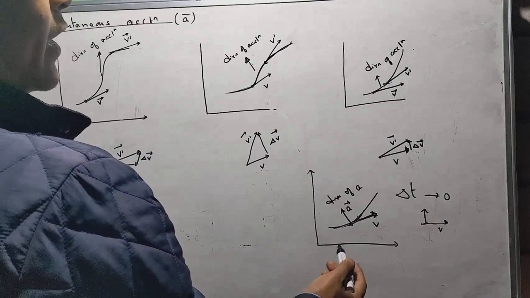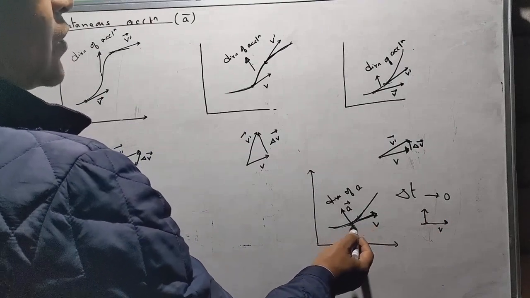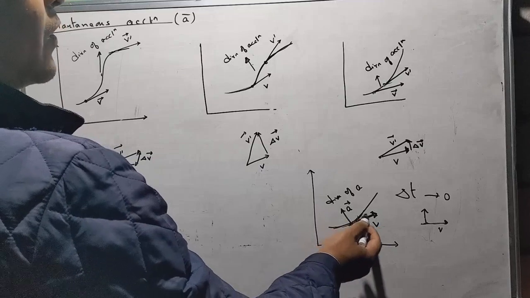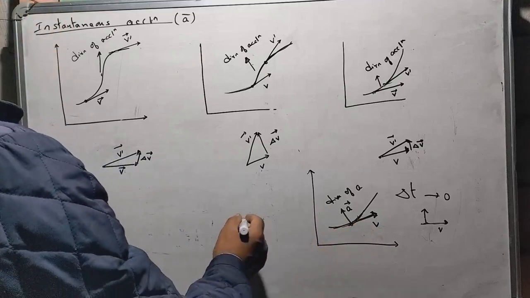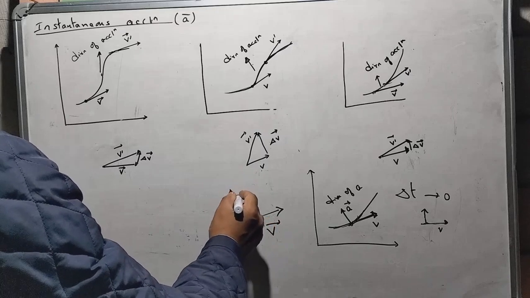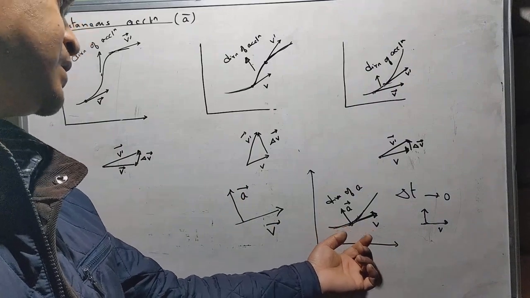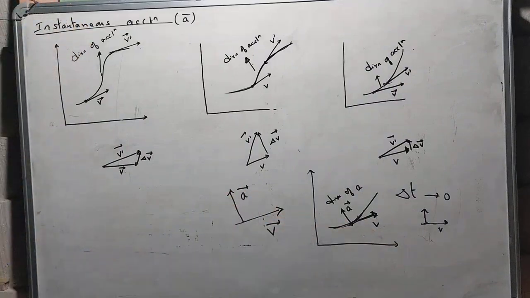That is why at this point the direction of acceleration is perpendicular to the velocity. If this is the velocity vector, this is the acceleration. Fine. This acceleration taking place at this point is known as instantaneous acceleration.